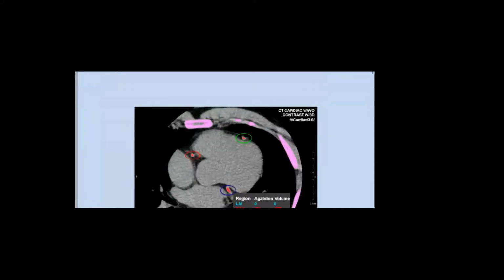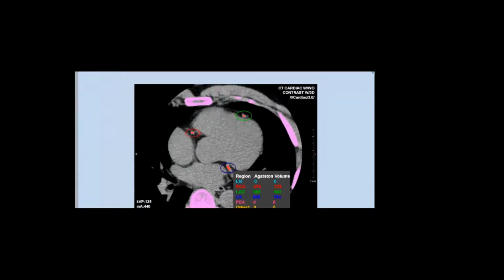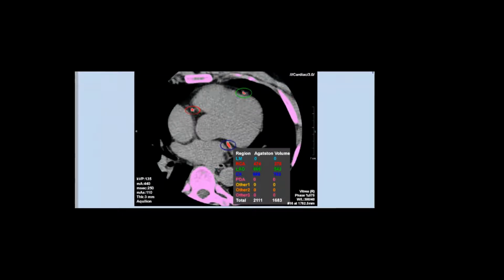Now, what do you know about calcium scoring? It reflects coronary artery disease. Exactly. This is one. It reflects coronary artery disease. Can it be used as a screening in asymptomatic patients?